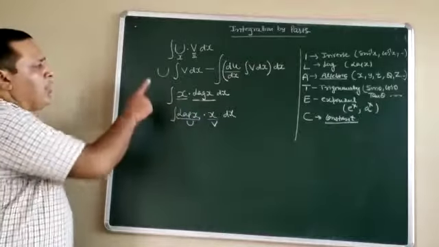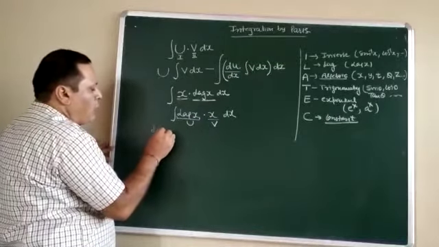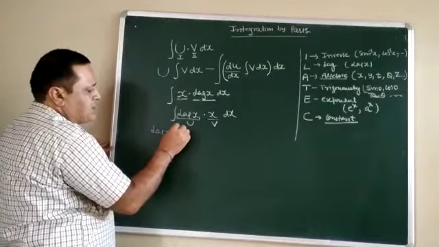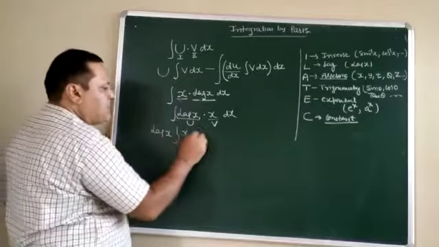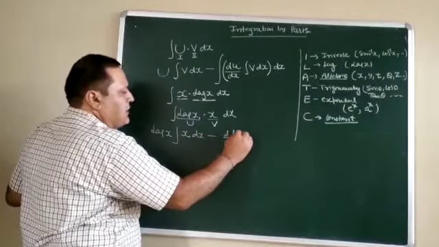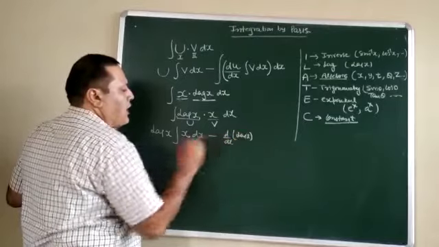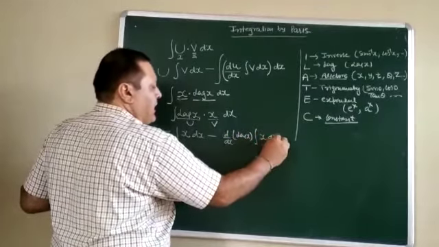After that you have a formula. First function log of x as it is, integration of second, integration of x, minus derivative of first, d by dx of log x, integration of second, integration of x.